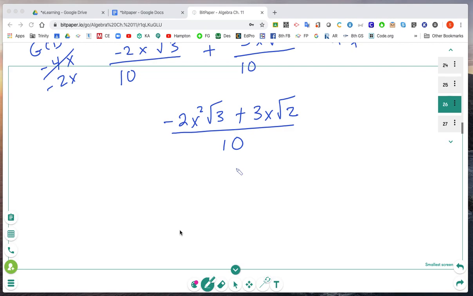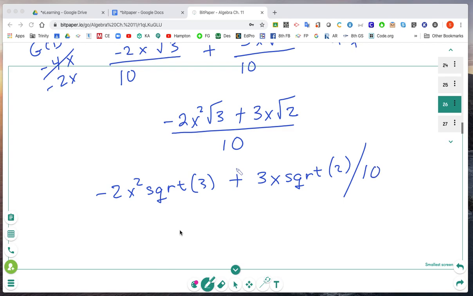That would be written negative 2x squared square roots of 3 plus 3x square root of 2 all divided by 10. That's how you multiply and divide radicals.